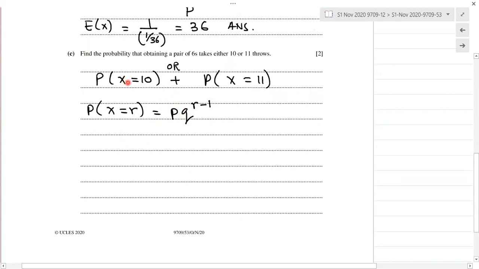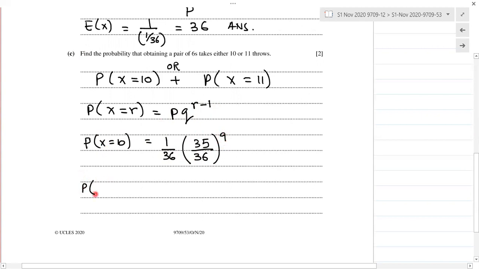We're going to use this for both 10 and 11. For 10, P(x = 10) is 1/36, the probability of getting two sixes, multiplied by q, not getting two sixes, that's 35/36, to the power of 10 - 1, so that's 9.